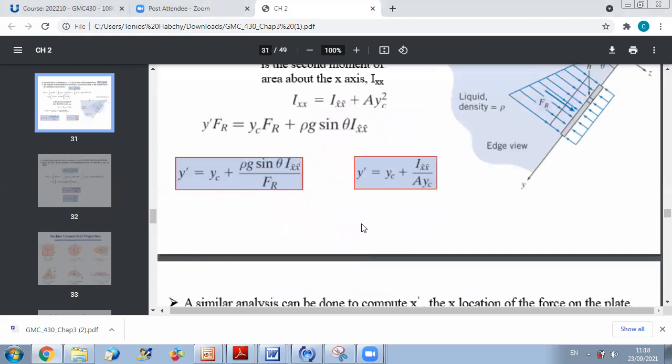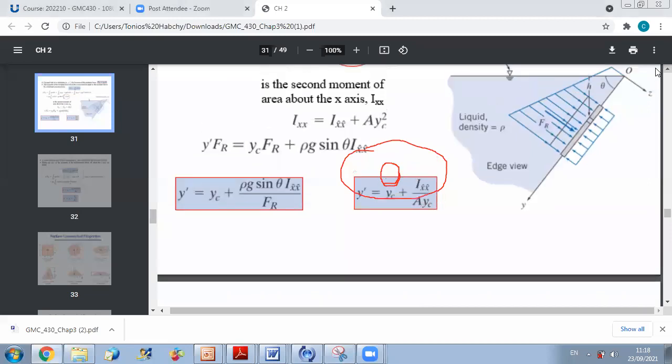For Y, you have that Y prime is equal to YC plus Ixx over A yc. So here, let us find Y of the center of pressure using this formula. First, for YC, what does YC represent? Going back to the figure, you consider an origin at the free surface.